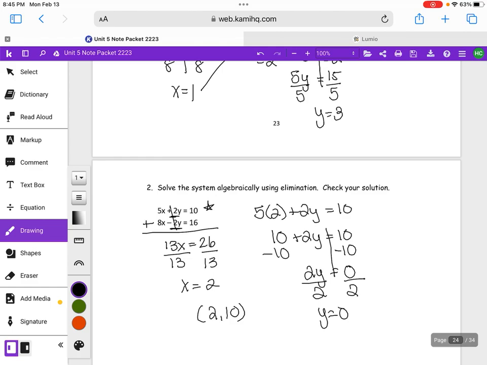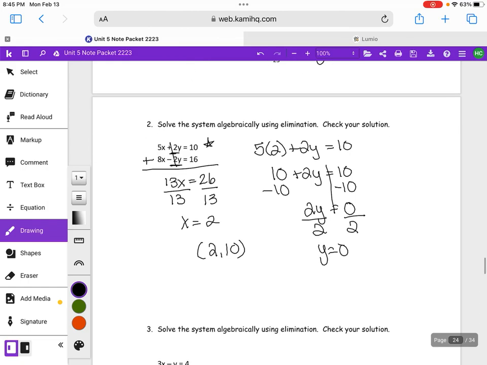Now, to check your solution, you should also be able to plug it into the bottom one, and you should get that to work out as well. So just for fun, let's go ahead. For the check, we could write 8 times 2 minus 2 times 10, and we want to know, does that equal 16, which I don't think it does.